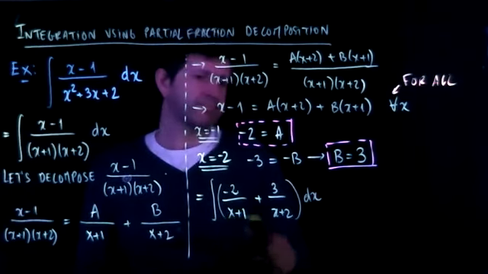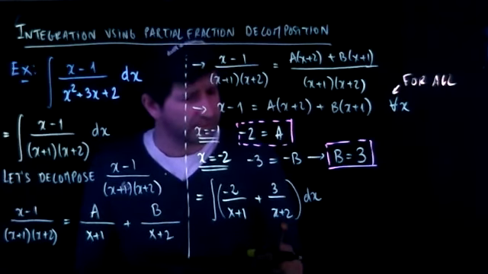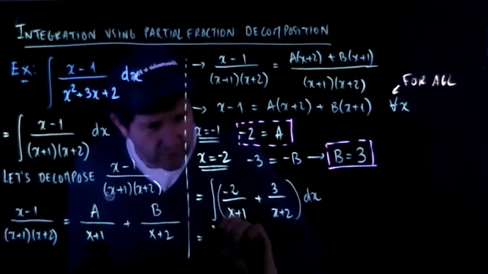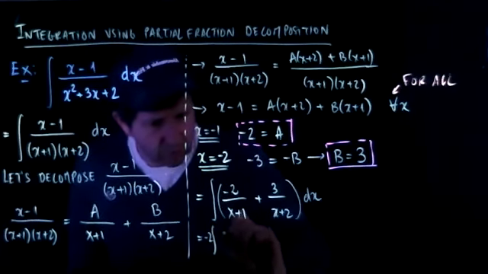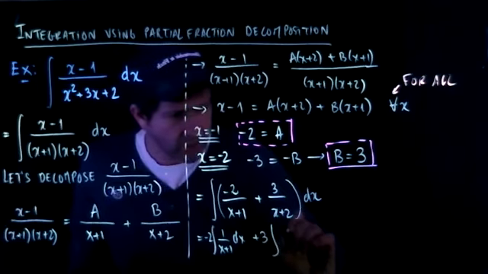Now it's easy. I could do a substitution for each one, and I'll be done. So let me separate it into two integrals: -2 integral of 1 over x plus 1 dx plus 3 integral of 1 over x plus 2 dx.